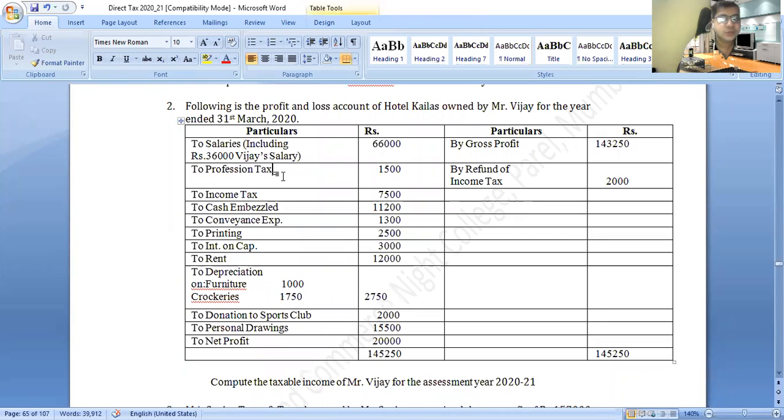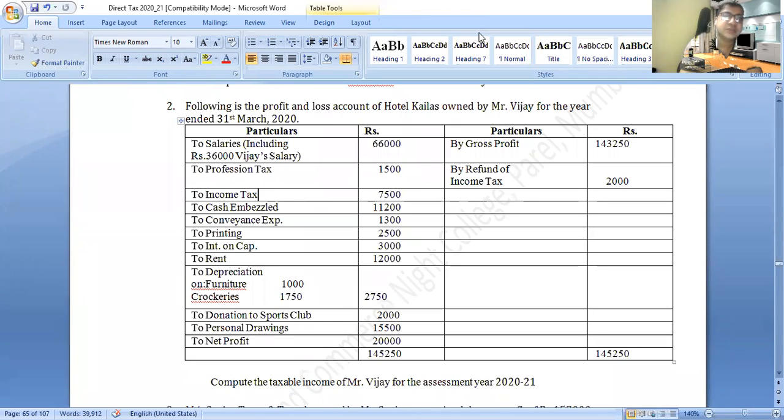After this entry, the next debit side item is professional tax. Every company, every businessman pays professional tax. It is allowable. Income tax 7,500. I already informed yesterday, and today also I inform regarding income tax. Income tax is not a business expense, so it is disallowed.